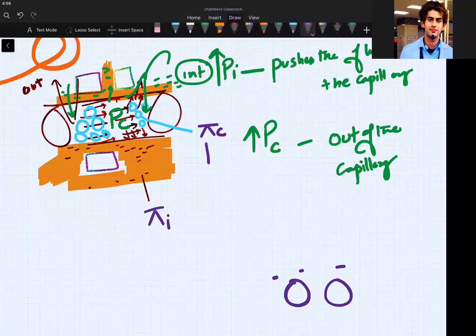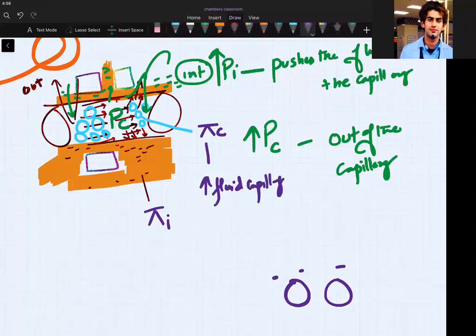If I increase the plasma oncotic pressure, if I increase pi C, now you remember C is capillary, and for capillary we say plasma. So yes, we know that the fluid will be pulled towards it, and in the capillary the fluid will increase. So if I increase pi C, I will increase the fluid in the capillary. Very nice, because wherever I increase protein, I will get more water.